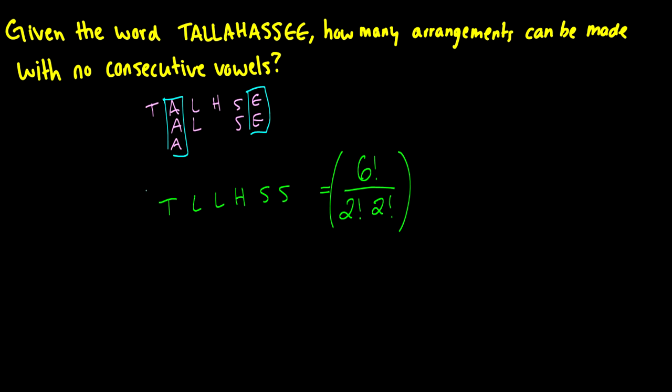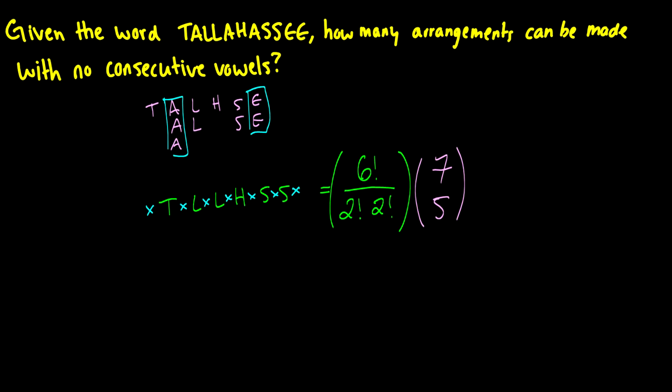We can place one before the T, between the T and the L, between the L and the L, L and the H, H and S, S and S, and right after the S. So there's 1, 2, 3, 4, 5, 6, 7 positions we can choose to put the vowels. So that's 7, and there's 5 vowels, so we have to choose 5. Okay, so now we've chosen 5 out of 7 positions.